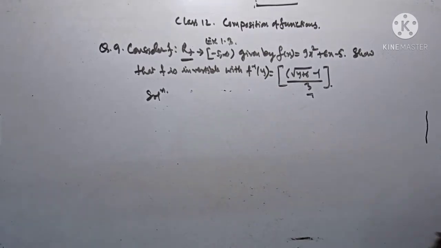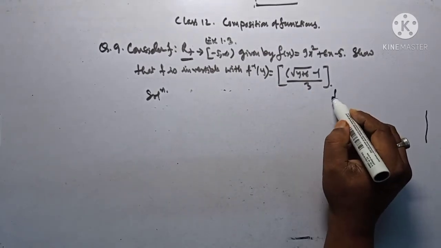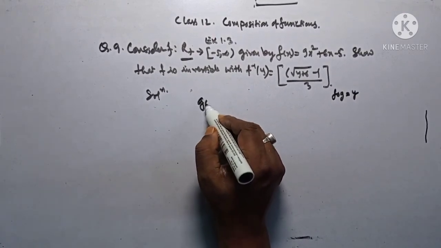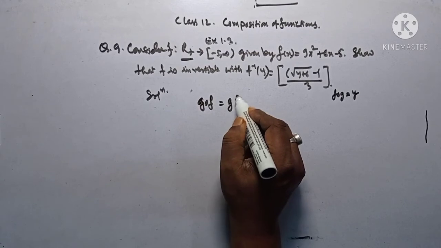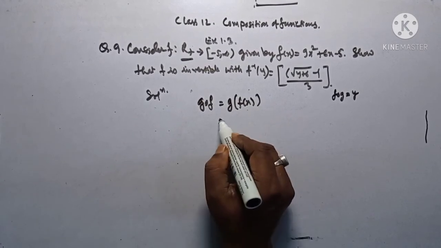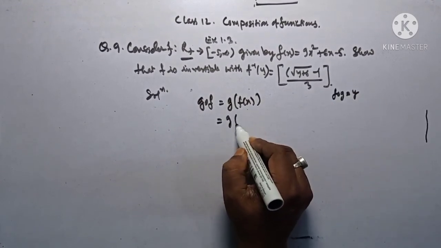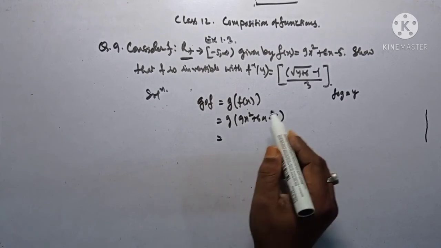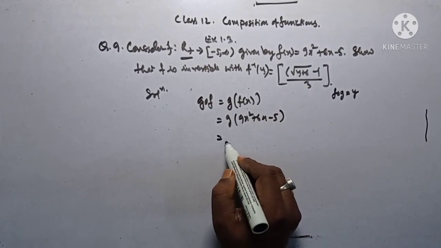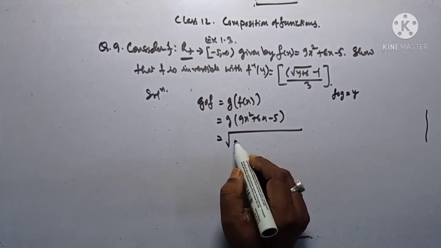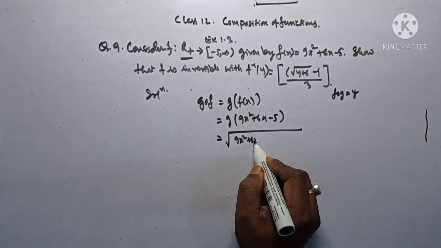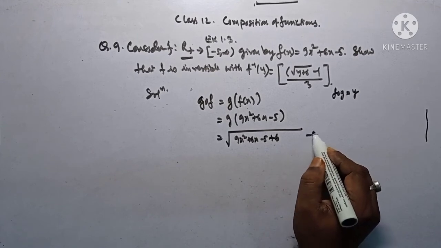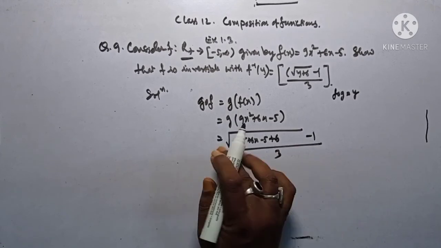I've got fog y, your fog is y. Now I'm going to find gof, g of f, this is equal to g of f(x), and here your f(x) is this, 9x square plus 6x minus 5. I'm going to place the value in, this is y, so this will be equal to 9x square plus 6x minus 5 plus 6 minus 1 by 3.